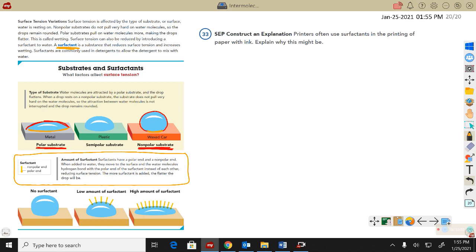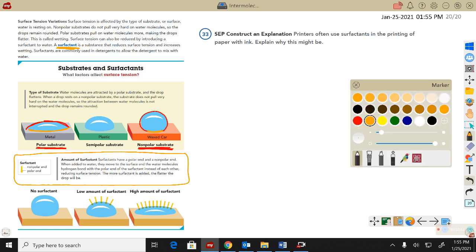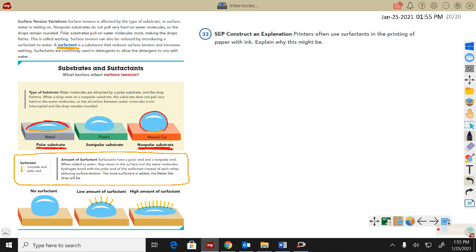Okay, so these are present in soap and detergent. And here's kind of what happens. The polar water molecules will be attracted to the polar end of the surfactant molecule that's in your dish soap, for example. And so that allows these surfactant molecules to kind of mix in with the water, and it breaks the surface tension. This polar head region, you can kind of see that, down in here, is attracted to the water molecule.